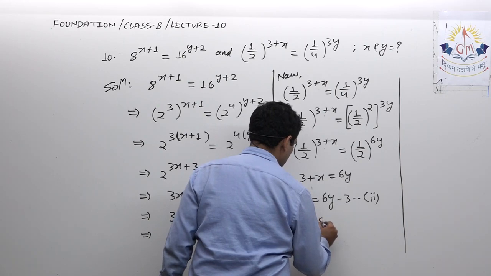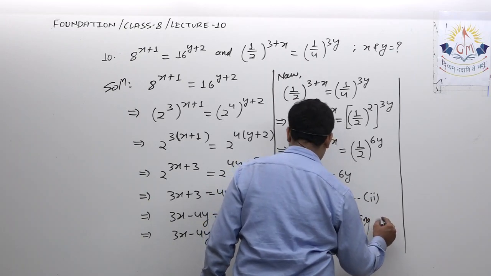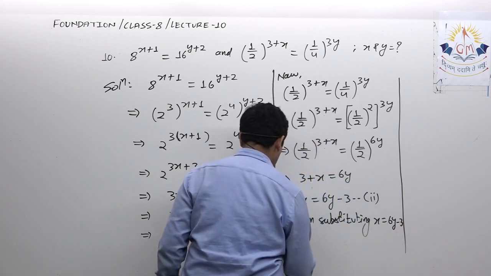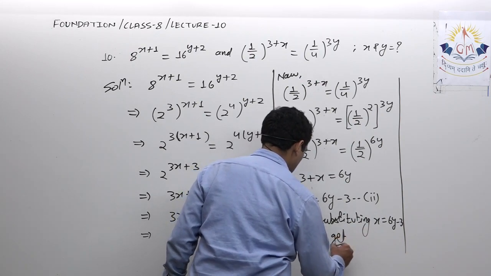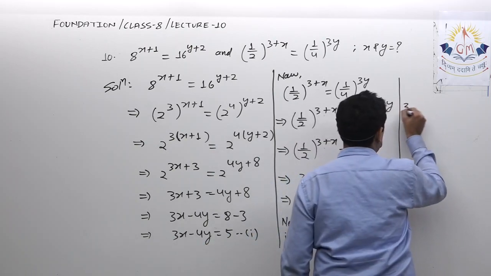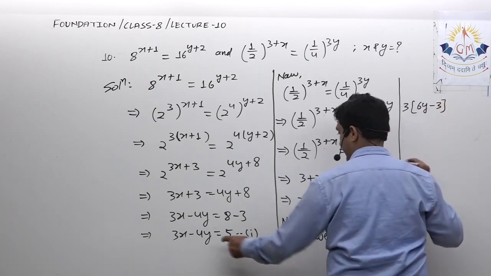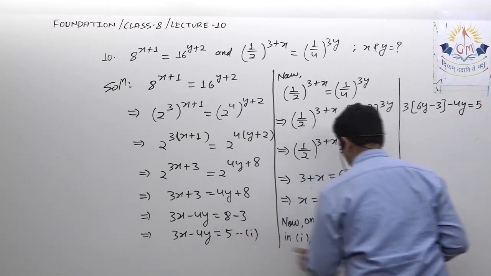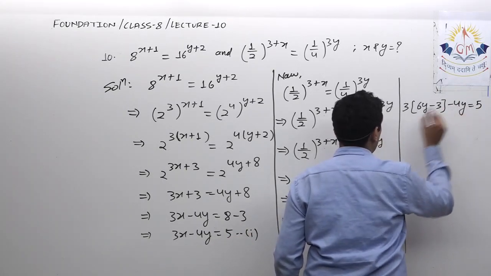On substituting x equal to 6y minus 3 in the first equation, at the place of x I will write 6y minus 3, so 3 into (6y minus 3) minus 4y is equal to 5.